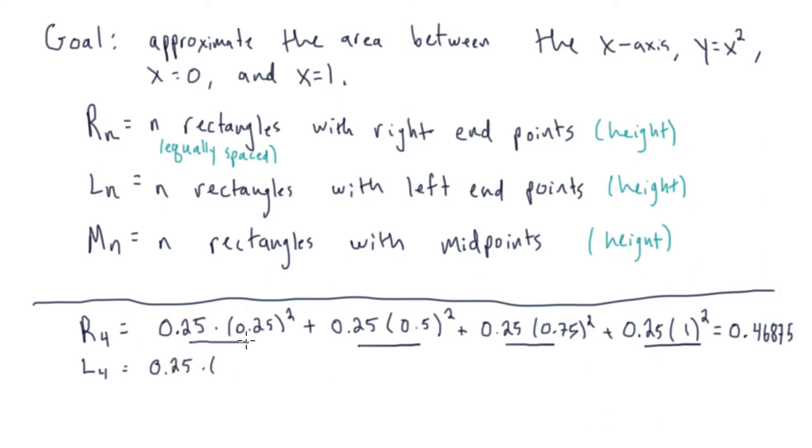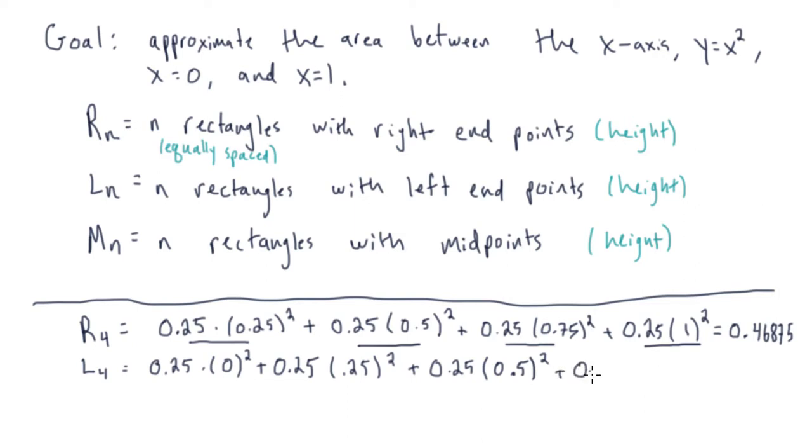But now instead of 0.25, the right endpoint of the first rectangle, I'm going to use the left endpoint, which is 0. So 0 squared, and then now the left endpoint of the second rectangle is 0.25. The left endpoint of the third rectangle is 0.5.